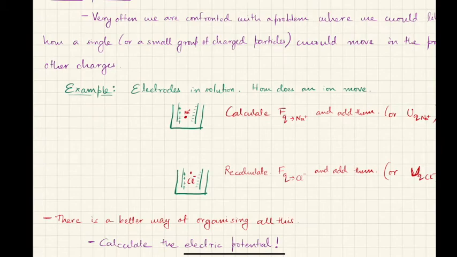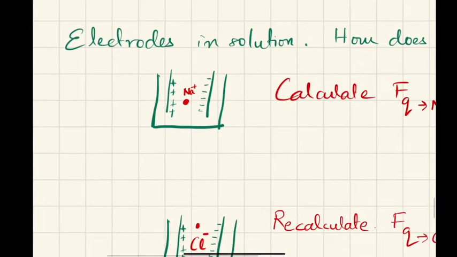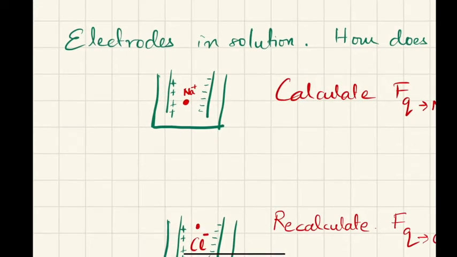So the standard strategy is to figure out how each of these charges, say this positive charge right here, interacts with the sodium ion. We calculate maybe the force or the energy, then calculate for the next charge how it interacts with the sodium ion, and then similarly with the next one and the next one.